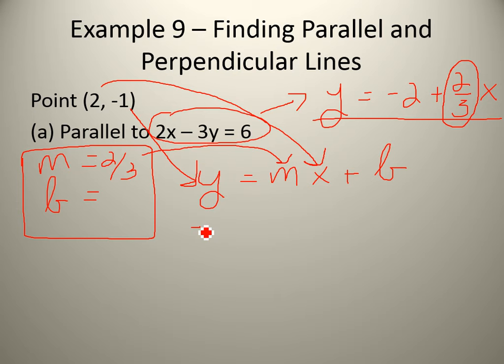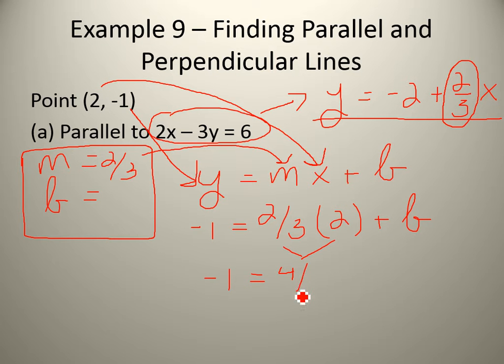And when I do that, I get negative 1 equals 2/3 times 2 plus b. So when I multiply 2/3 times 2, right, I get negative 1 equals, this would be 4/3 plus b. And then I'm going to minus 4/3 on both sides, and when I do that, I get negative 7/3 is the value of b.